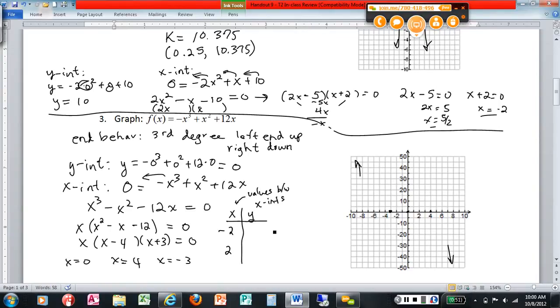So if x is negative 2, we get y is, well, we have negative of negative 2 cubed plus negative 2 squared plus 12 times negative 2. What is that going to give me? Negative 2 cubed is negative 8, so it'll be positive 8 here. Negative 2 squared would be positive 4. And then 12 times negative 2 is negative 24. So that's going to be negative 12, isn't it? For negative 2.